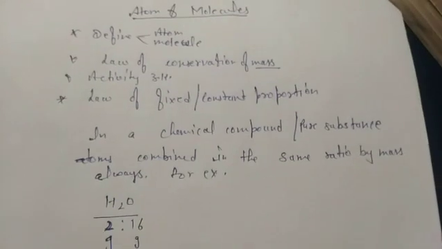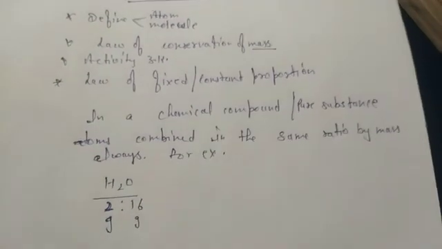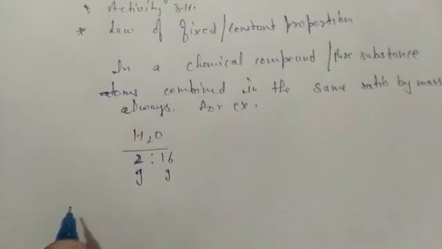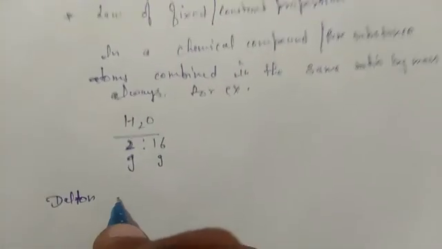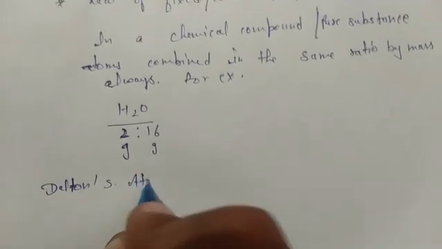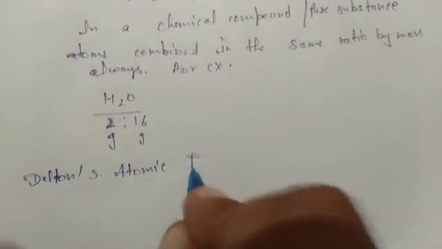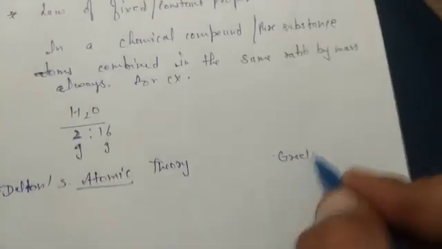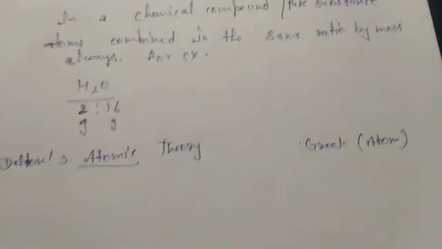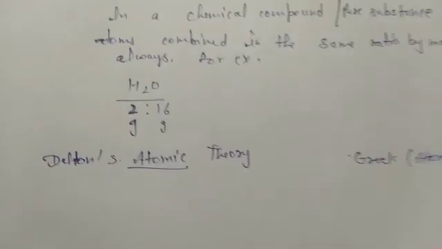Now we need to refine this law of chemical combination further, and the important step was taken by Dalton. Dalton gave us Dalton's atomic theory, the famous Dalton atomic theory. This is the first theory based on atoms. Atom is a Greek word, dear. He took the word from the Greek philosophers and gave his theory.